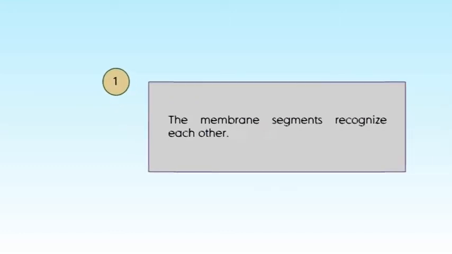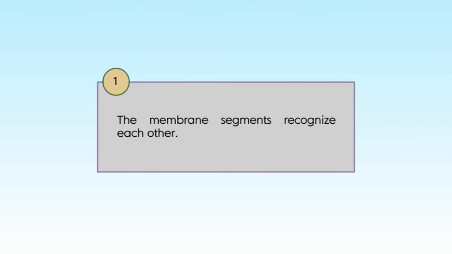Exocytosis, endocytosis, cell division, fusion of egg and sperm cells, and entry of a membrane-enveloped virus into its host cell all involve membrane reorganization, in which the fundamental operation is fusion of two membrane segments without the loss of continuity. So, specific fusion of two membranes occurs in the following steps. First, the membrane segments recognize each other.